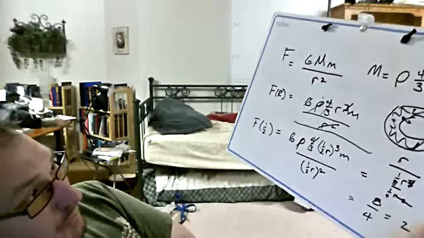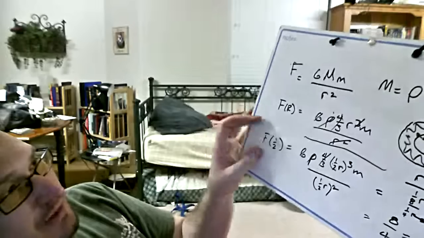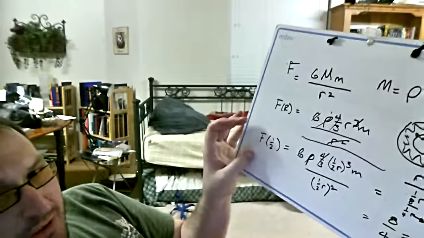So in other words, the force halfway down is half as much. It's linear. Whereas in the other case, the force goes as the square. In this case, it's linear. In other words, if the Earth was a uniform density and you go halfway down, the force acting on you goes down by half.